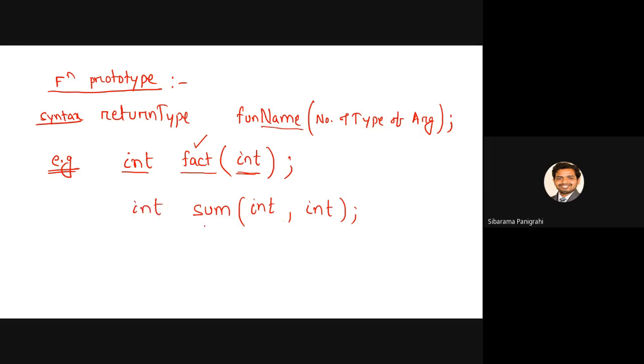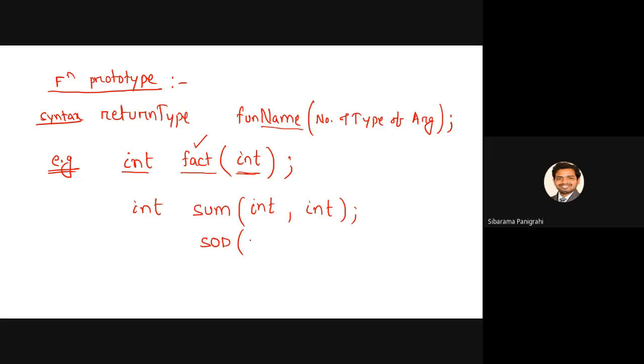If I ask you to write a function to find the sum of digits of a number, the function name is sum of digit. How many arguments will it take? Can you tell me? Sum of digit of a number, so you have to input a number.